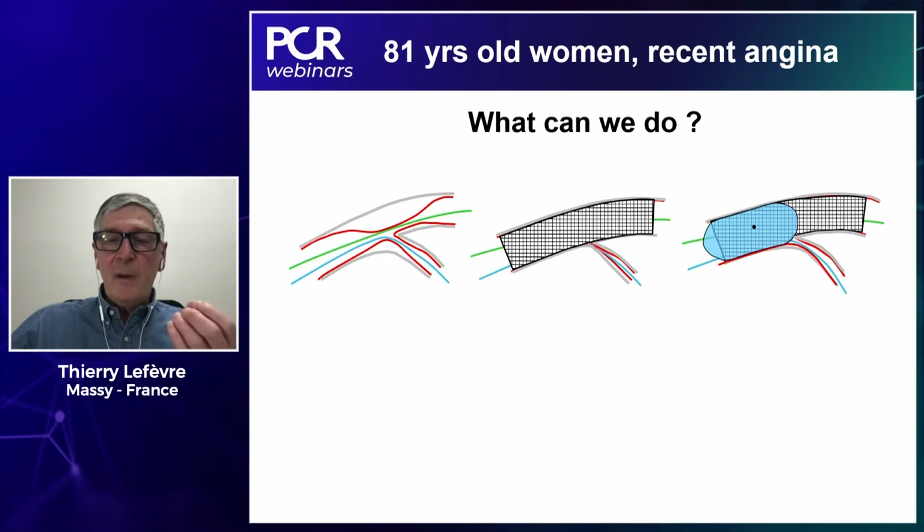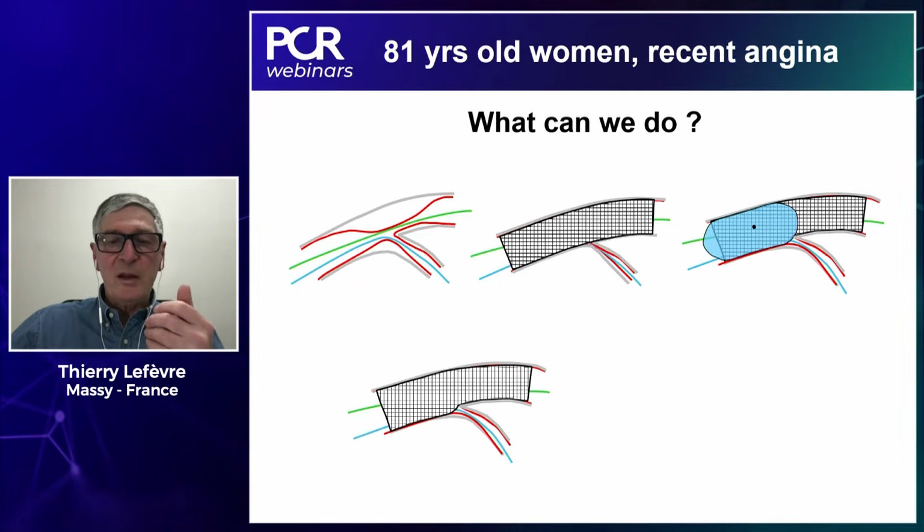The POT, by extending the proximal part of the bifurcation, will modify the stent completely, and you may reopen the circ by just doing a POT. Of course, it's very important to have the POT at the right place, and that's why having two wires helps you put the distal part of the balloon at the right place. And in this case, you have to go in the spider view.